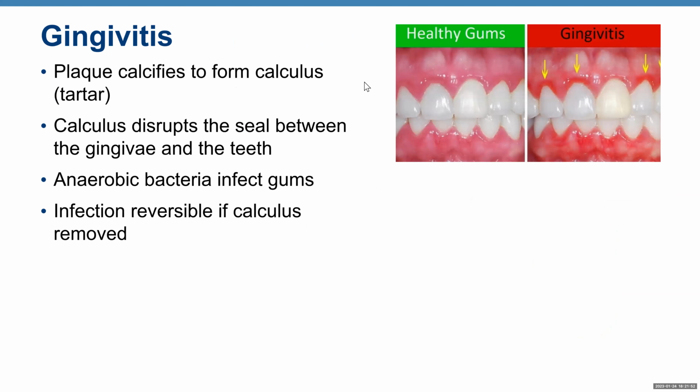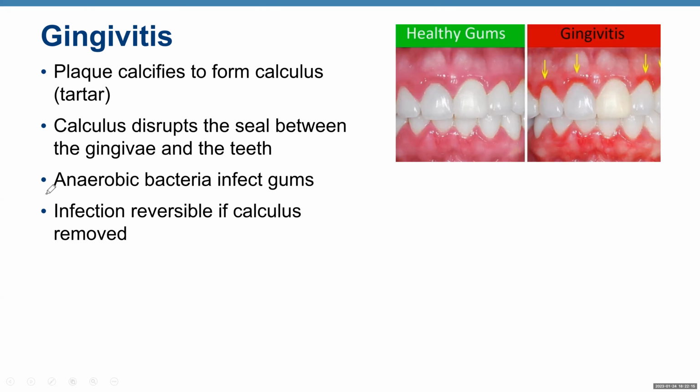Gingivitis. Gingiva is gums, and when plaque calcifies it forms calculus or tartar. Calculus disrupts the seal between gingivae and teeth.